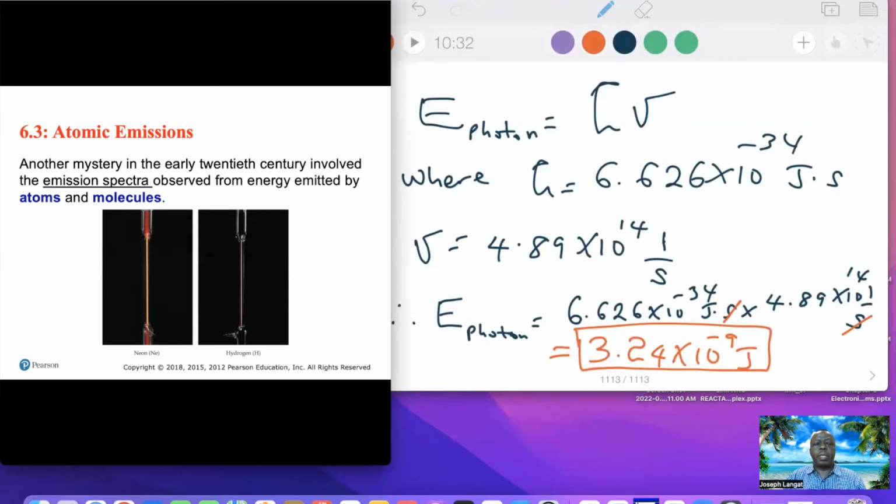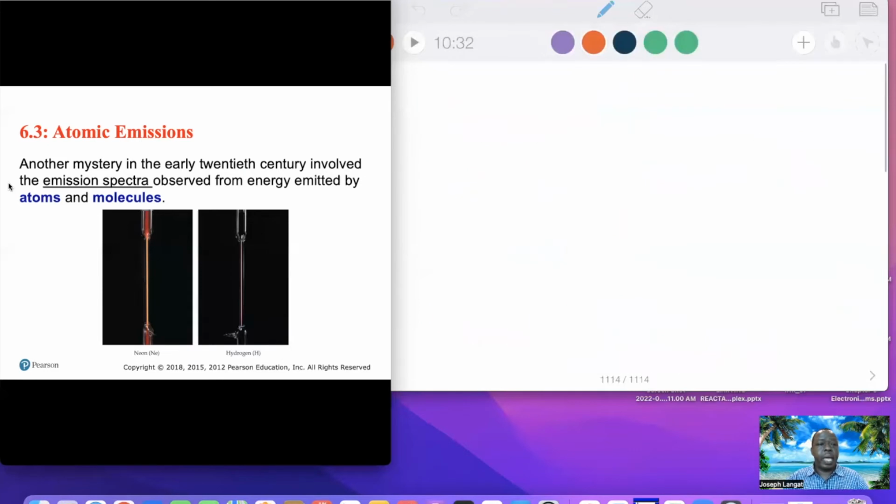Now, atomic spectrum, atomic emission, to emit something. What you see on the PowerPoint slide here is two gas discharge tubes. A glass discharge tube with different gases at low pressure.